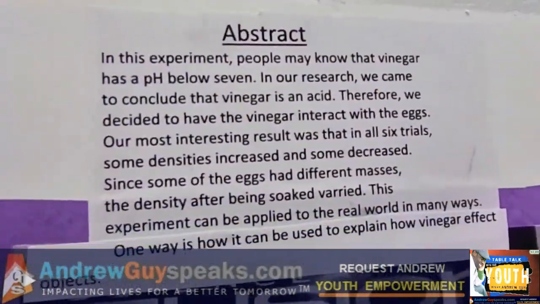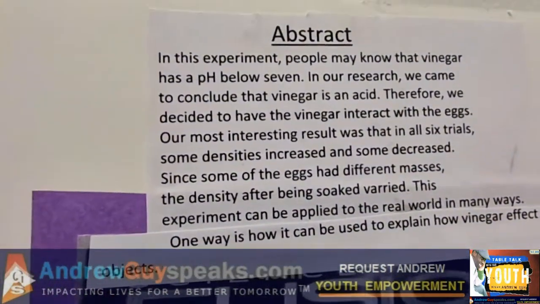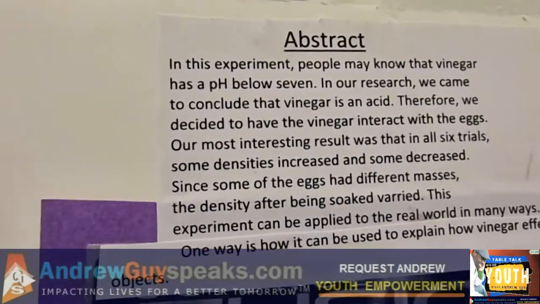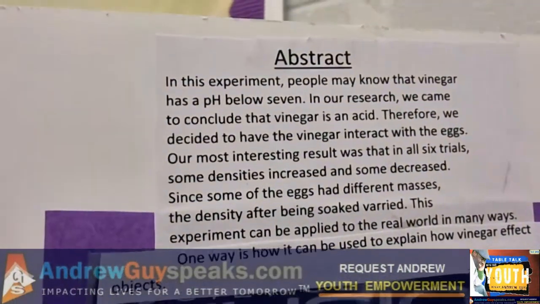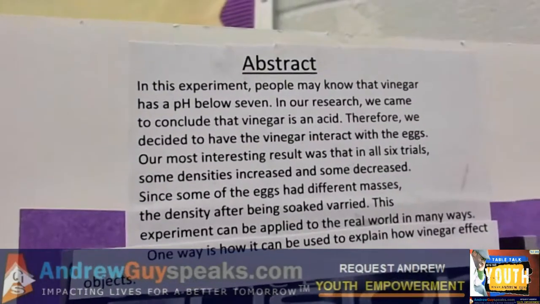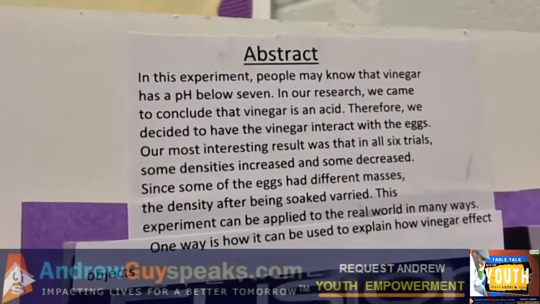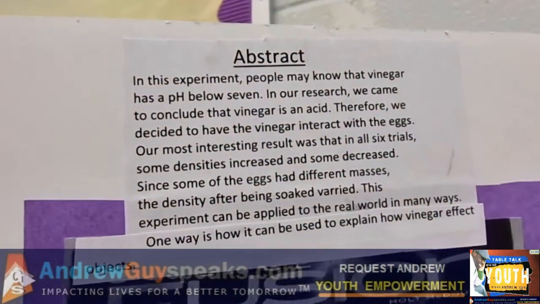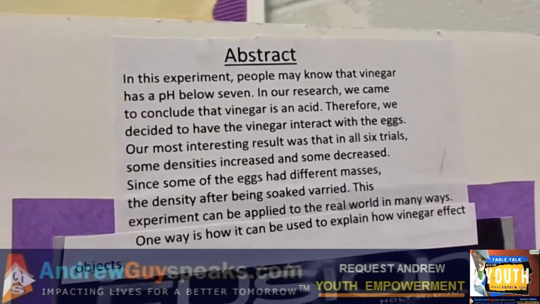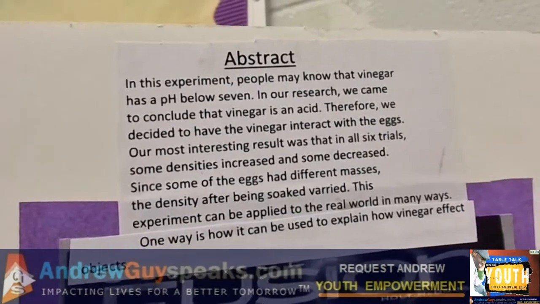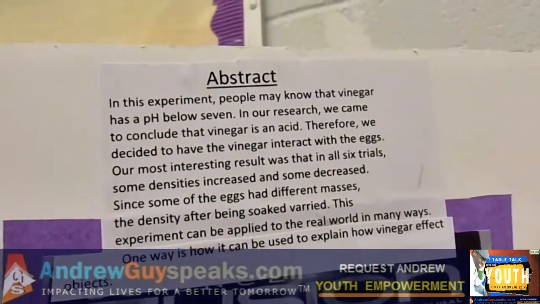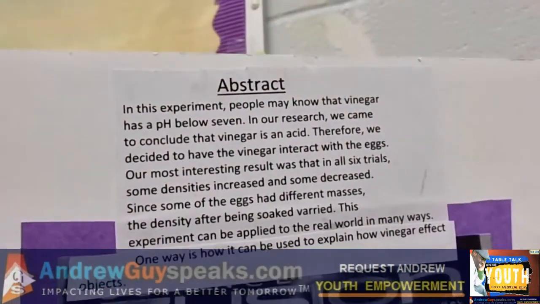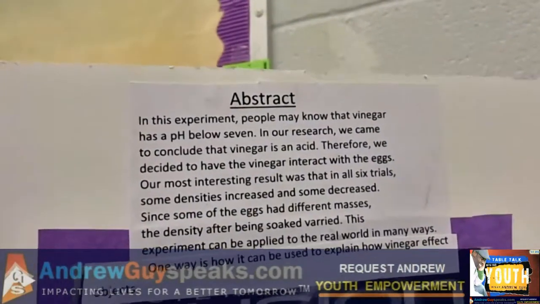His abstract basically said, in this experiment, people may know that vinegar has a pH below 7, which makes it what? More acidic. He says, in our research, we came to conclude that vinegar is an acid. Therefore, we decided to have vinegar interact with the eggs. Our most interesting result was that in all 6 trials, some densities increase and some decrease.